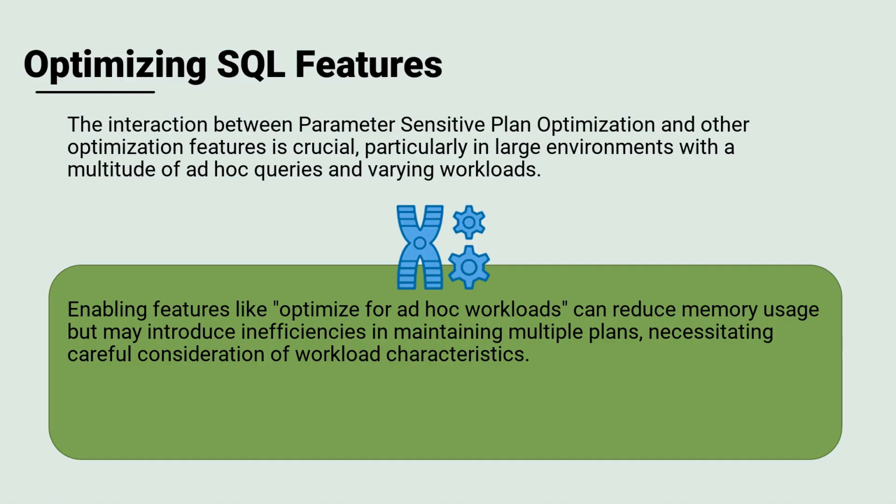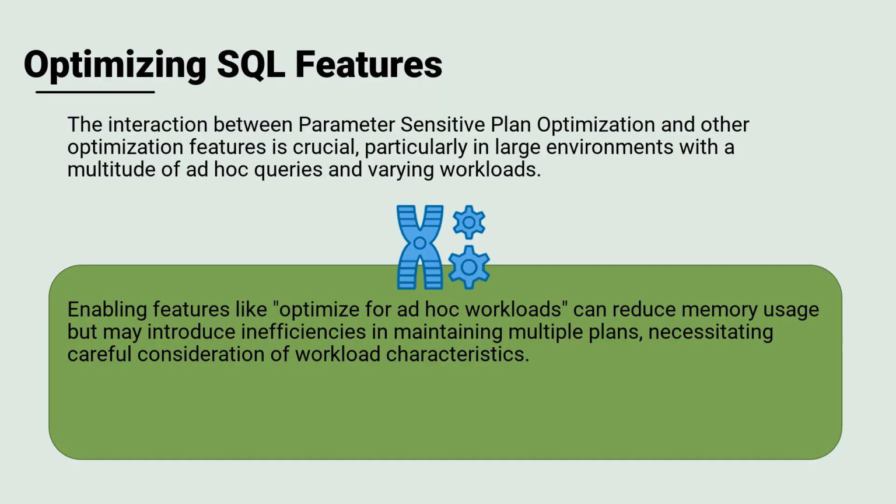Another critical aspect to be aware of when working with parameter-sensitive plan optimization is its interaction with other optimization features. For instance, let's talk about the idea of optimize for ad hoc workloads, which can really shine in large environments where you have a ton of ad hoc queries. Now, when you enable this feature, SQL Server optimizes by caching just a single plan the first time a query is run.